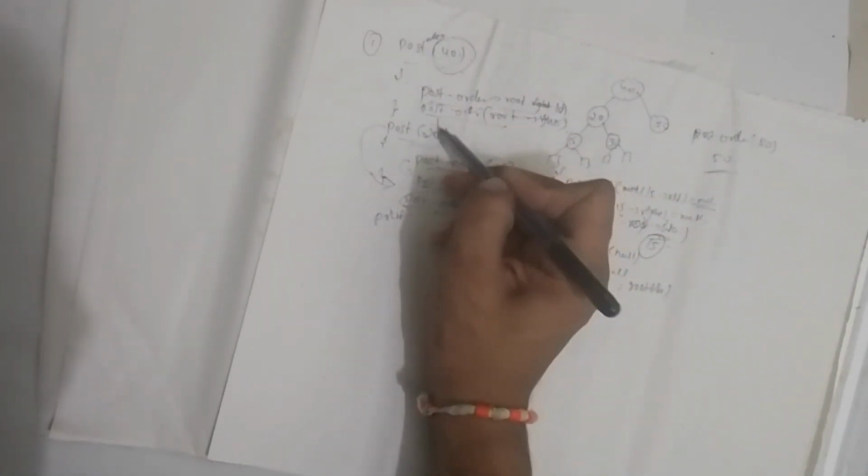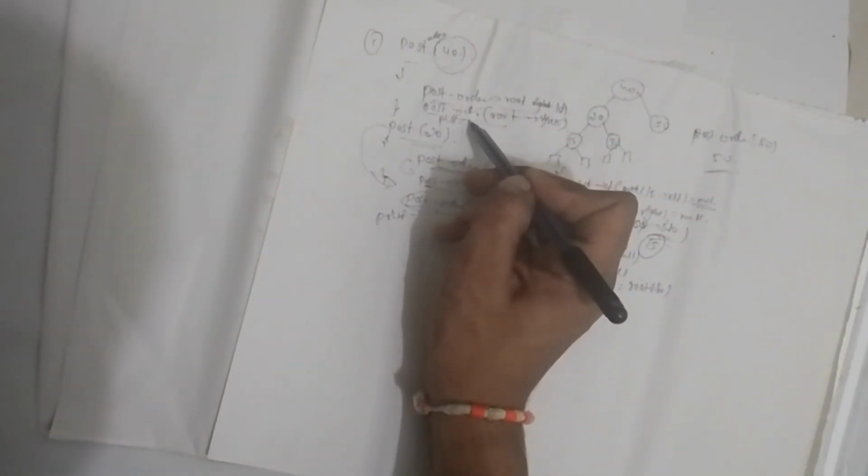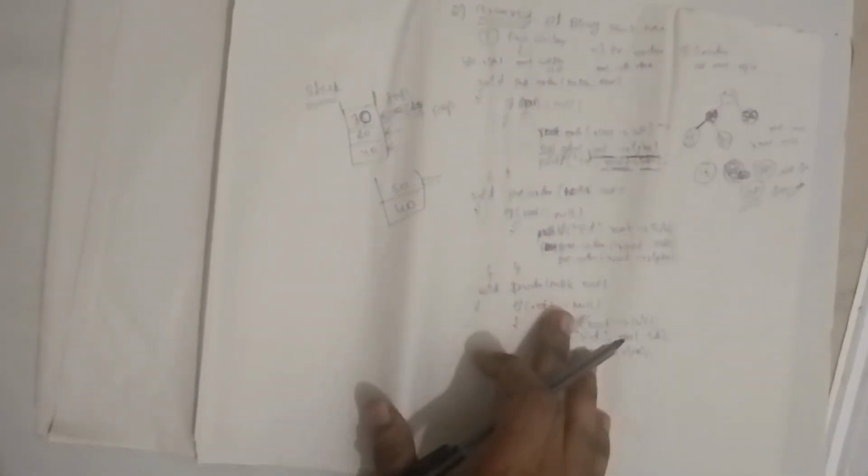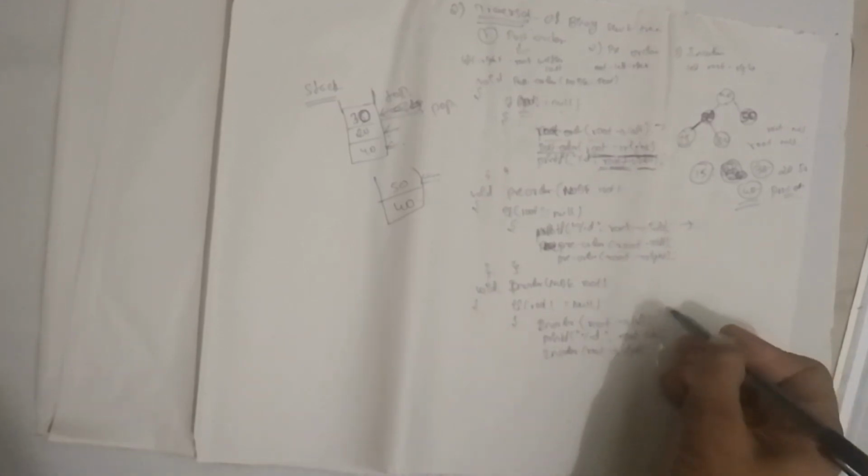So 50 is printed, the function is called, and last for 40 the last printf is called. Like this the stack operation for post order takes place. Similarly the pre-order is also the same. In order, try to trace the stack representation for these, how the stack function works.